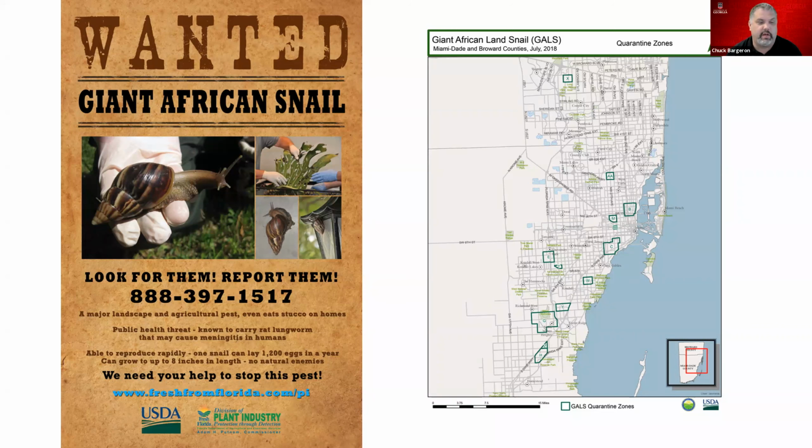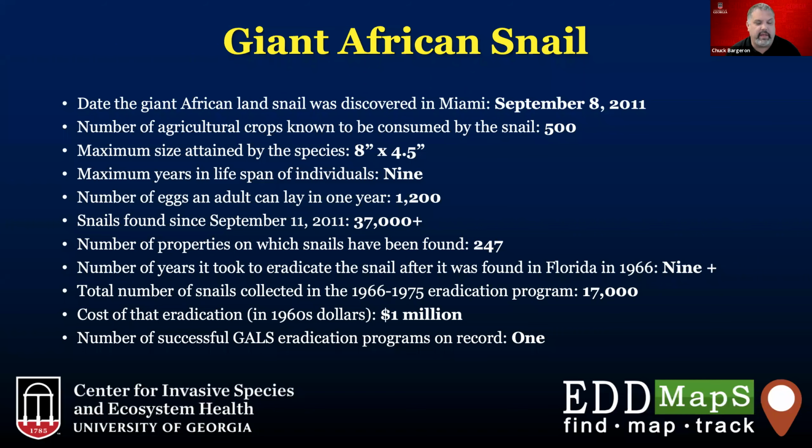And again, in most cases they think these were brought in as something cool to have in your aquarium or terrarium. And then, hey, they got too expensive to feed. They got let loose, and enough of them got out there and started causing a problem. So just another thing I wanted to mention.